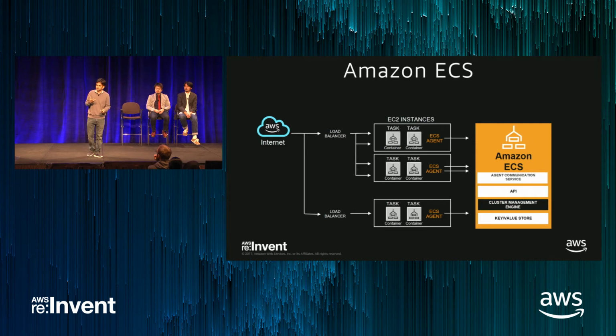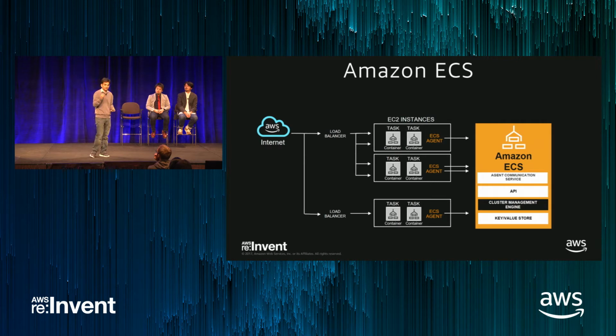All of that we put in the cluster management engine. We have an API that you can access this via. And we also have an agent communication service, which talks to the instances or the nodes where the containers are deployed. So every instance that you launch has an ECS agent, which is my communication channel back to the cluster management service.